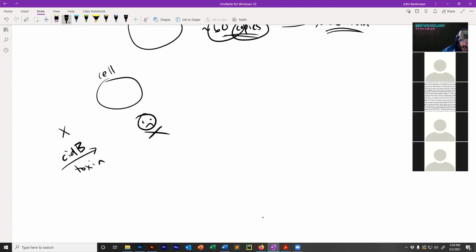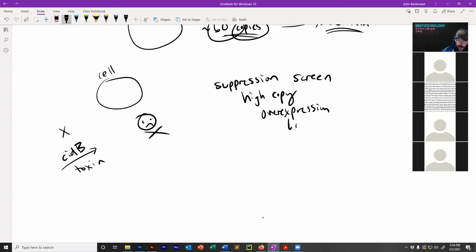And then what we did is a suppression screen with a high copy overexpression library in yeast. So in this cell, there's the SIDB toxin on a plasmid, and then we transform it with 1 to N high copy plasmids.